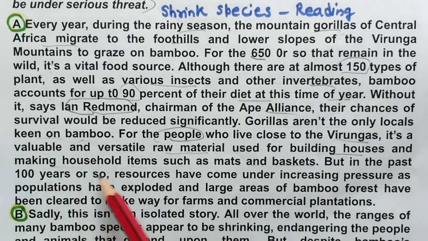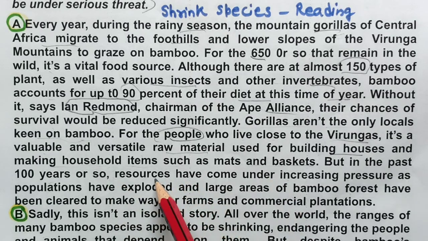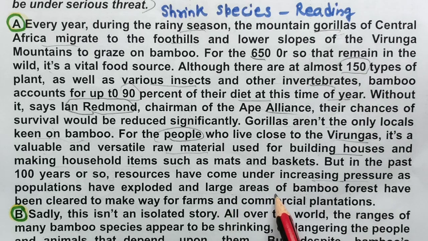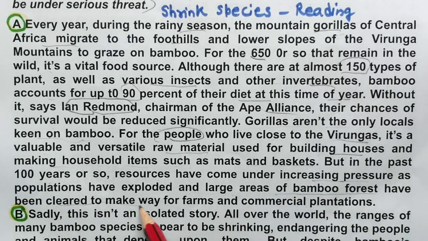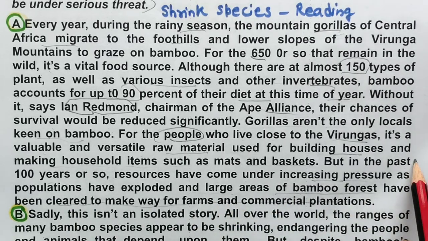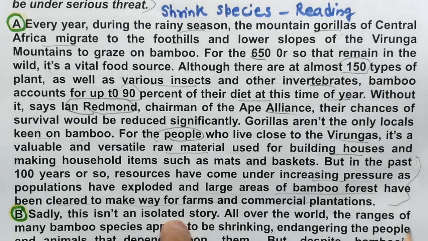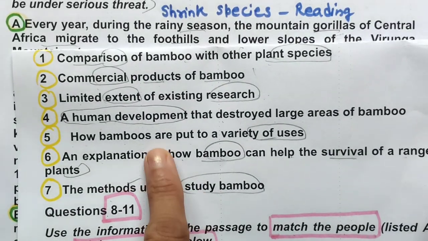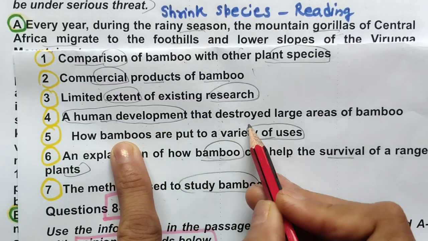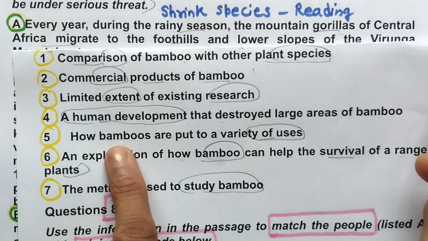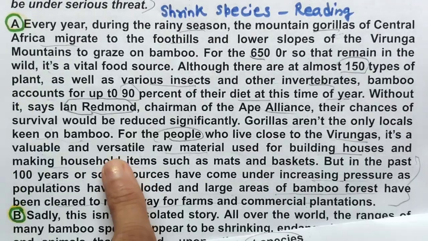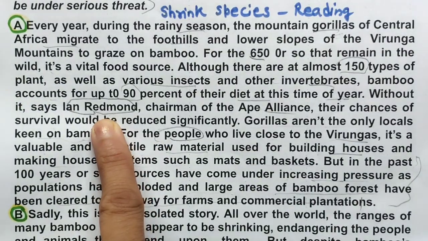But in the past 100 years, resources have come under increasing pressure as populations have exploded and large areas of bamboo forest have been cleared to make way for farms. So human beings have destroyed this bamboo. Somewhere they were talking about human development that destroyed large areas of bamboo, so we can mark it paragraph A. Got it? And we have found this person's name also.